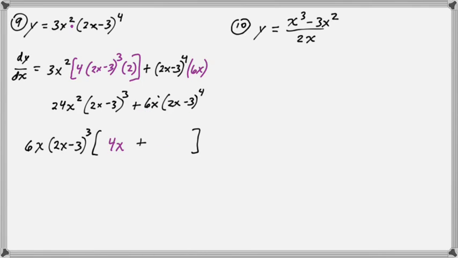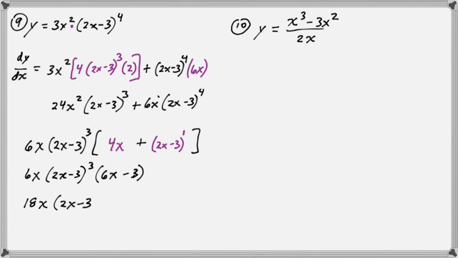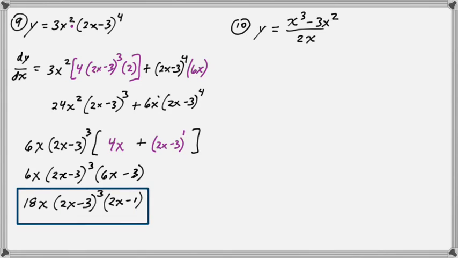You have it to the third, so you need it to the first. So you get 6x times 2x minus 3 to the third times 4x plus 2x is 6x minus 3. You can factor a 3 out. 3 times 6 is 18. And 2x minus 3, if I factored the 3 out, would be 2x minus 1. So that's the answer I was looking for.